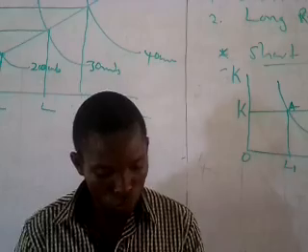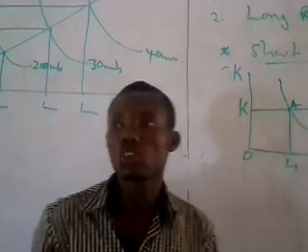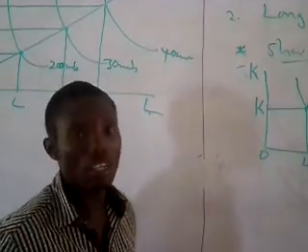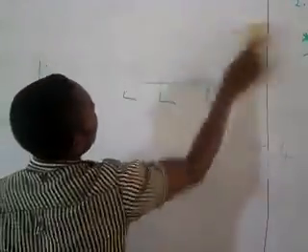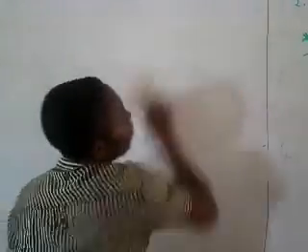Let's quickly run to isocost. Isocosts are locus of points of combinations of capital and labor that give the same level of what? Costs.